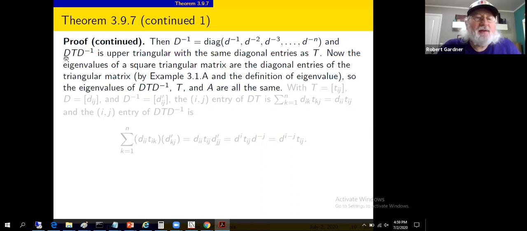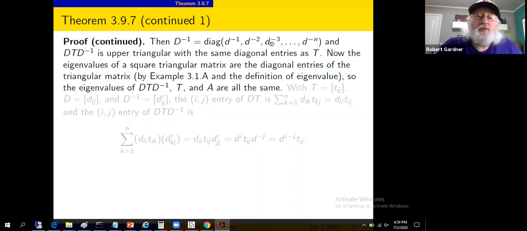So when we find diagonal entries of D times T, it's going to involve a power of d times a diagonal entry of T. When we take that matrix and multiply it by D inverse, then the diagonal entries are going to involve a power of d, a diagonal entry of T, and a corresponding negative power of d. For example, the 3,3 entry of this matrix will be d cubed from the D matrix, lowercase d cubed, times T sub 3,3, times d to the negative 3.